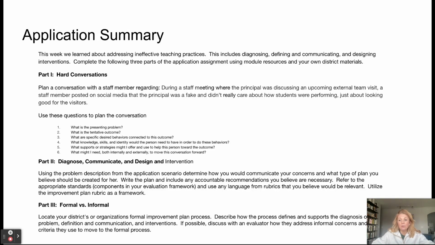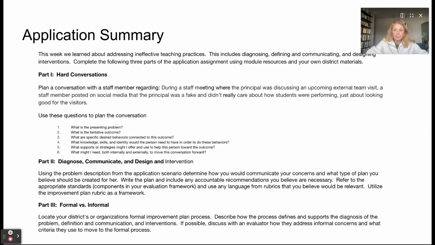You are going to learn and build your knowledge about addressing ineffective teaching practices. And so then there's 3 parts to your assignment. The first part is having a hard conversation. And so this is actually embedded within those slides.